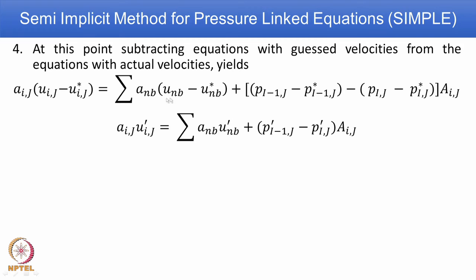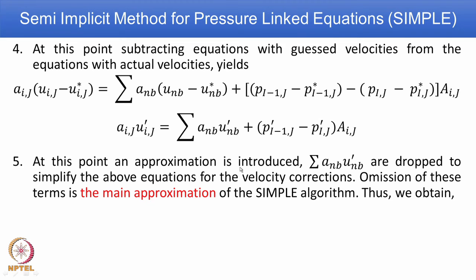So, this is for the neighboring node and the remaining for pressure, and we already defined a symbol u prime. So, the left side u I comma j minus u star I comma j is u I comma j prime. So, this is the correction velocity. Similarly, on the right side there is the neighboring node correction velocity term and the pressure term.